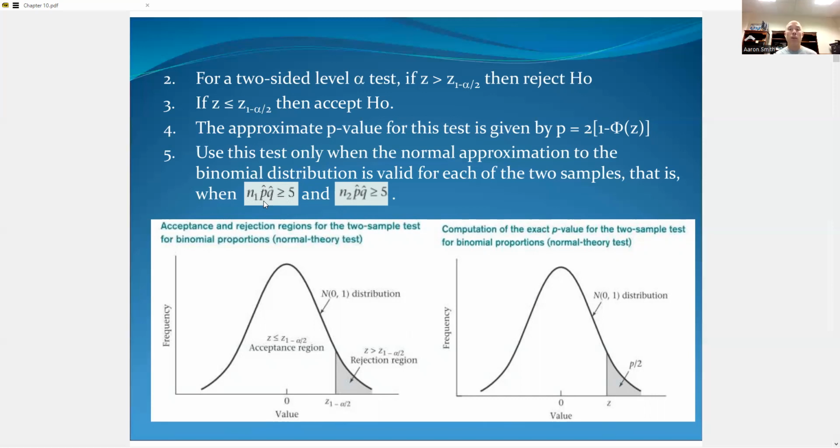And in R, if you do the binomial test, that will automatically run the binomial distribution for you. If I want to use the normal distribution, I want to use prop.test. Almost every time I've run this, the results end up being close. If it's close to the borderline, there might be differences. In general, the exact test will be better, so the binomial distribution is the better one to use.